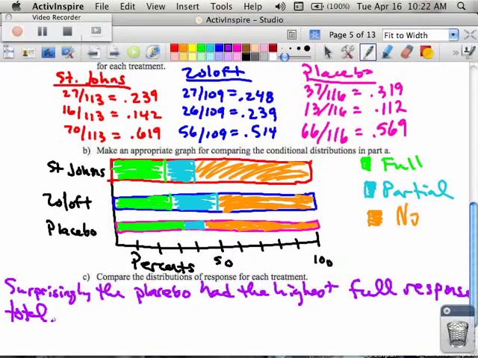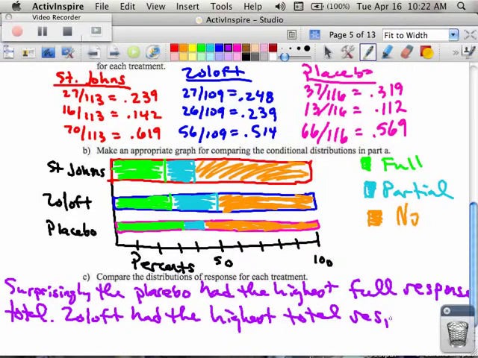And then, I guess, I would also say Zoloft had the highest total response to the drug, to the treatment, I guess I should say, which was the full or the partial combined.